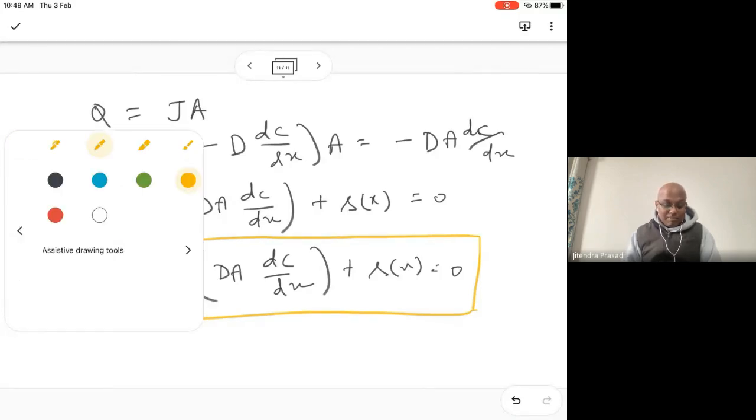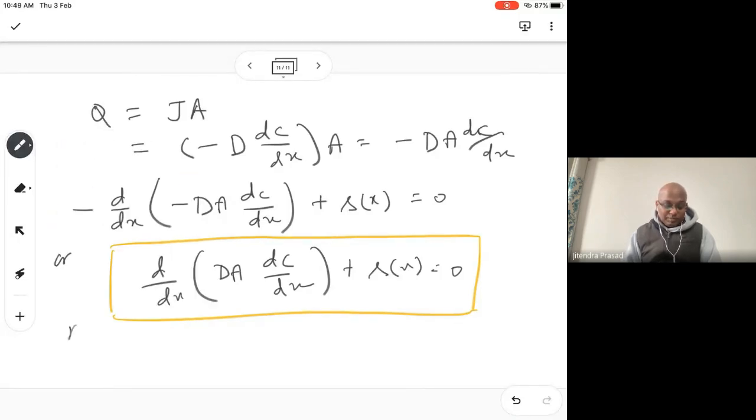Yeah, so the boundary conditions will be similar. For the essential boundary condition, you can have C at x equal to 0 equal to C naught, and you can have C at x equal to L equal to CL. You can have that, and then you will have the natural boundary condition.